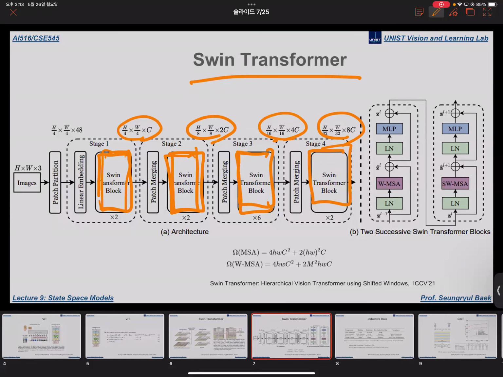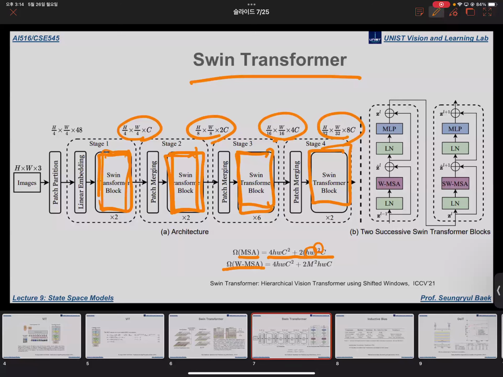So using original attention versus the multi-scale attention mechanism, this is the time complexity for that. So actually, if the image size is H and W, then if the image size becomes bigger, the time complexity increases exponentially.